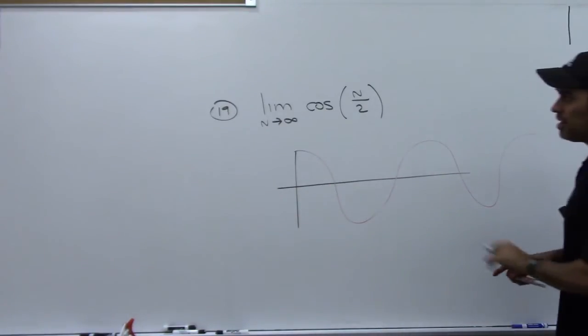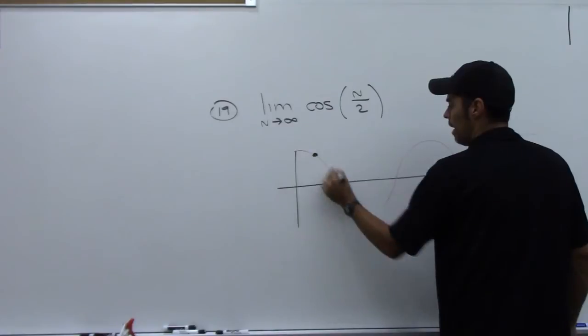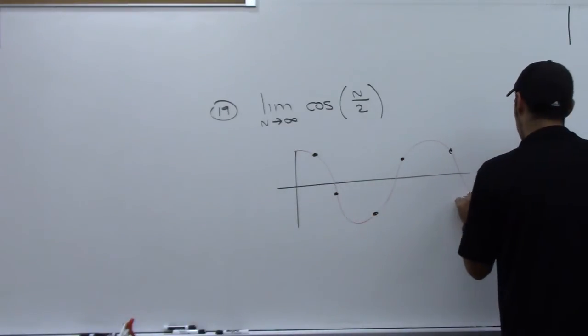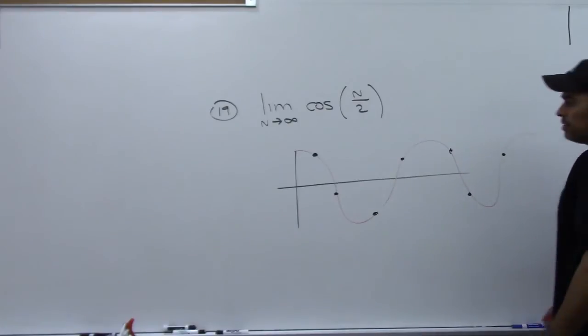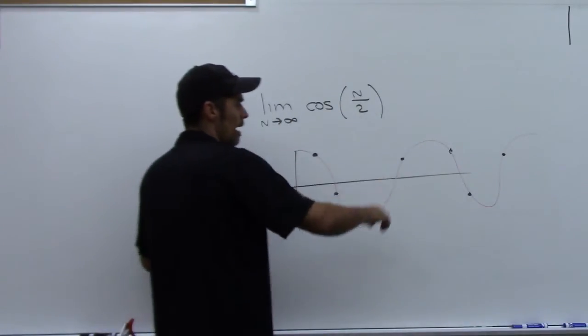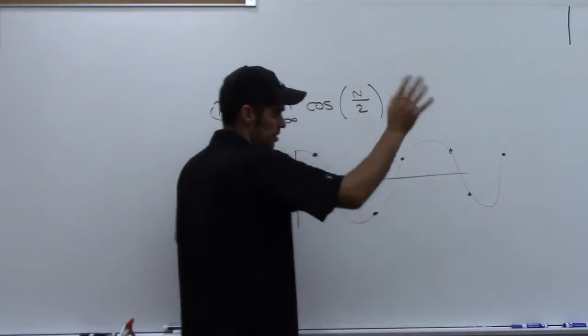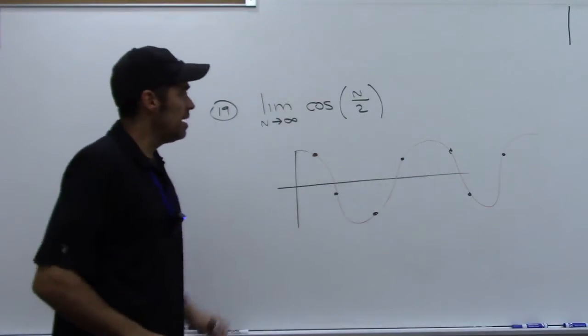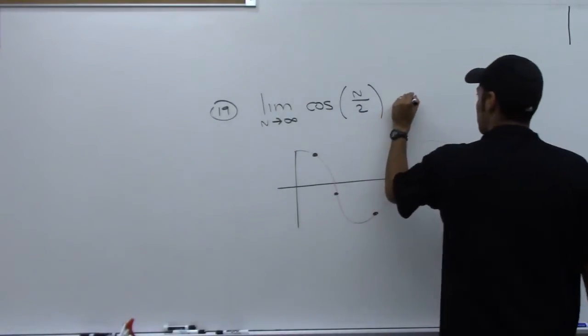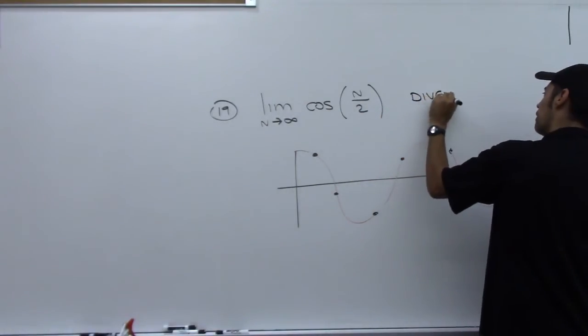And since this is a sequence, it's just certain points on that. I don't even know where those points are, but I hope it's pretty obvious from this that the further you go out, these black dots are just going to be scattered all over the place. And they're not headed to one particular number. So this one would diverge.